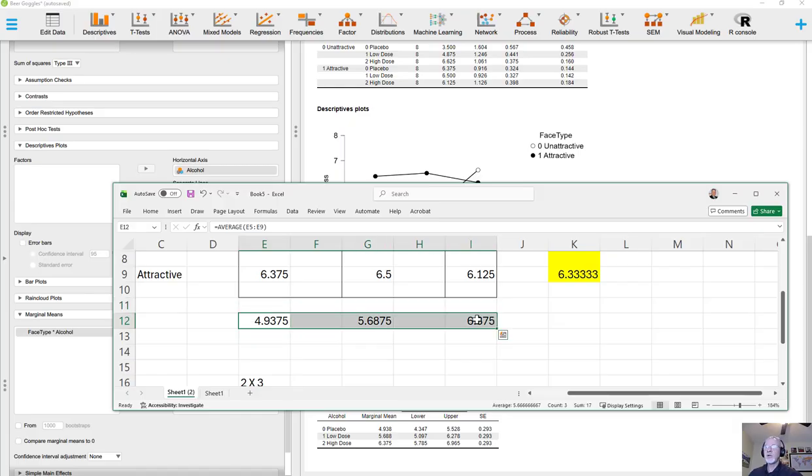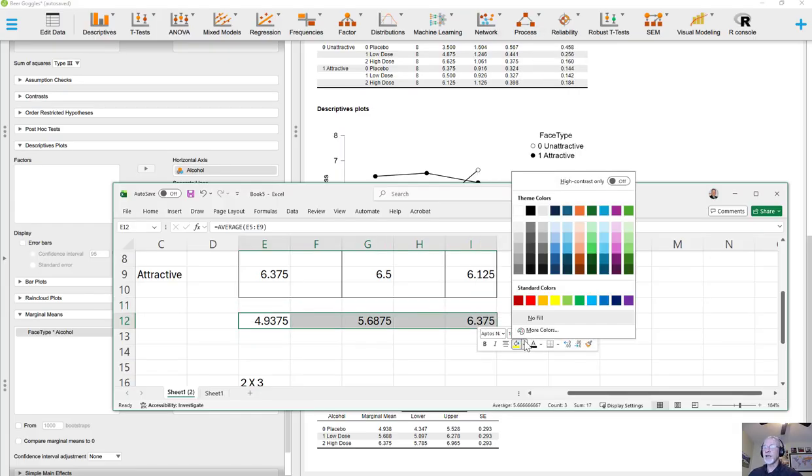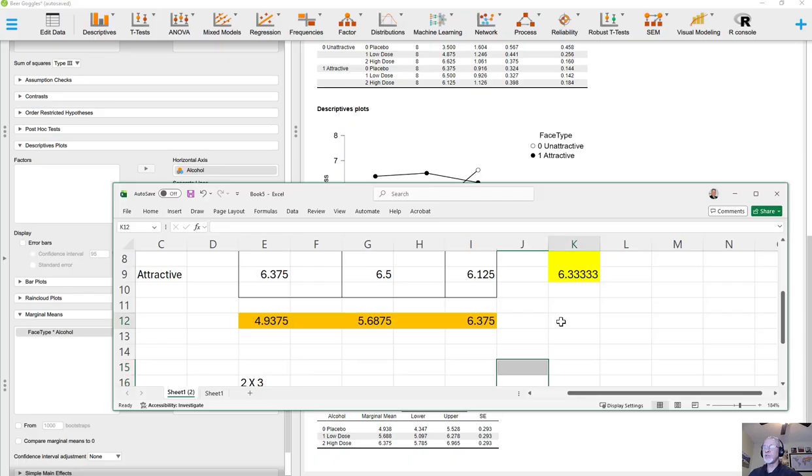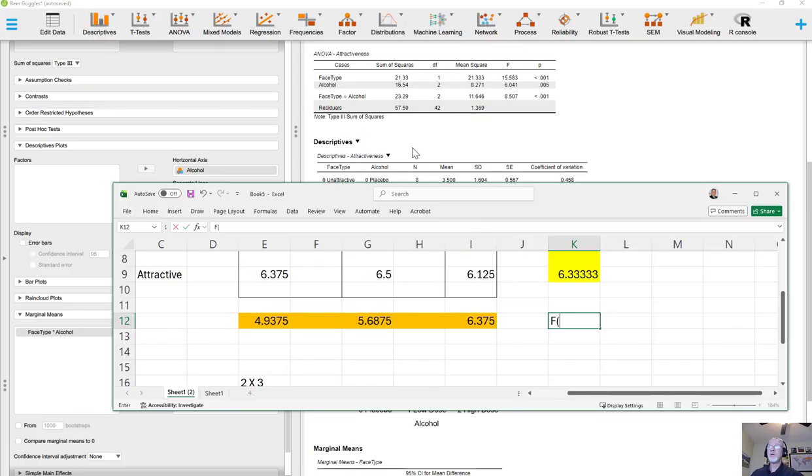So I'm going to give this a different color, orange, and I'm going to say F with 2 and 42 degrees of freedom is equal to 8.27.